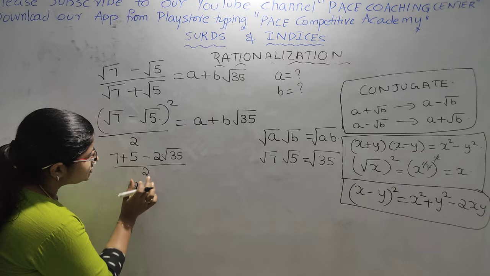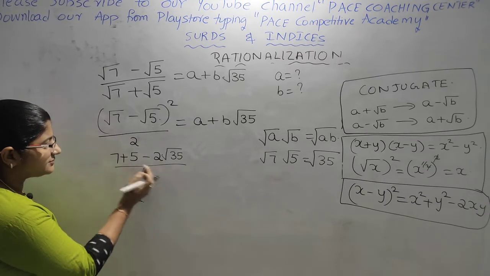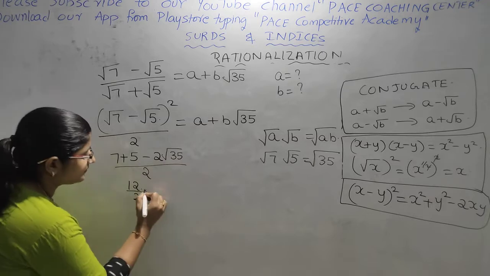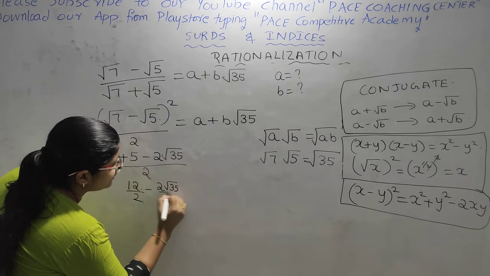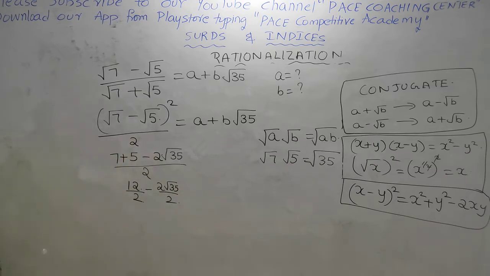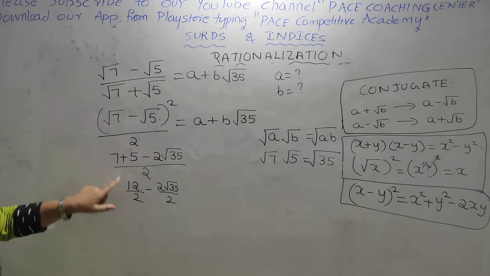So I can write 12 by 2. I am just splitting the 2: minus 2 into root 35 divided by 2. If you again take the LCM, you will get 2, so you will again get 12 minus 2 into root 35.